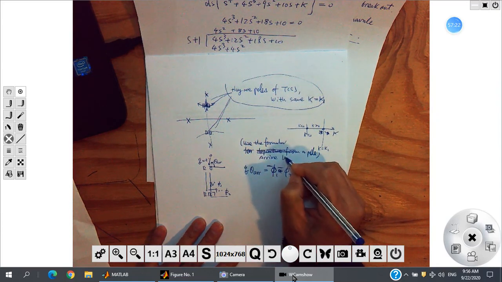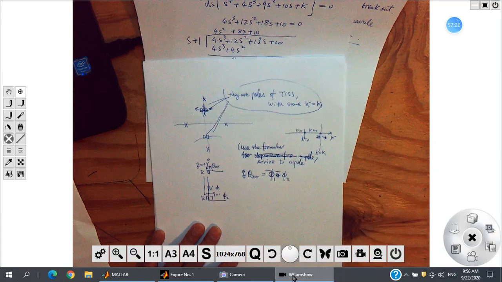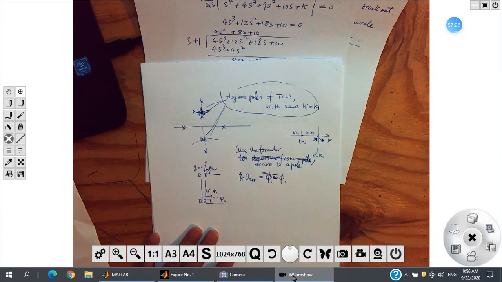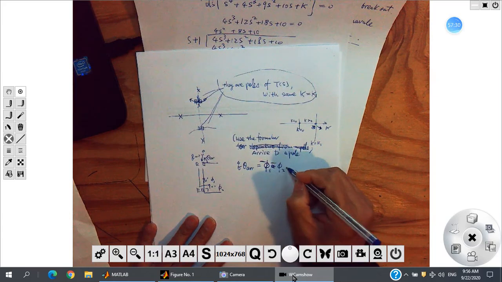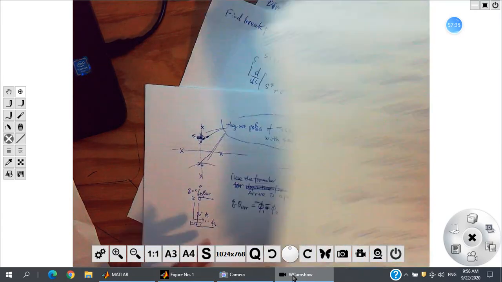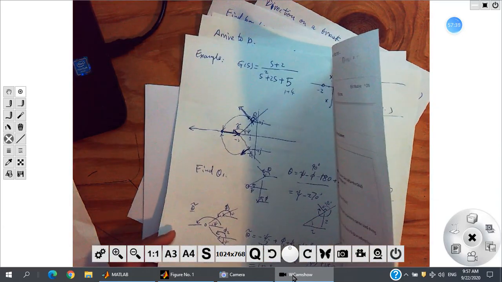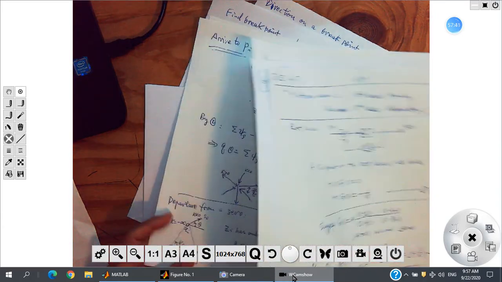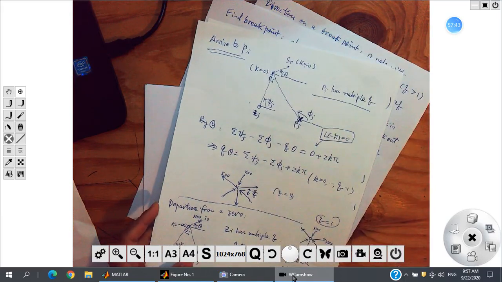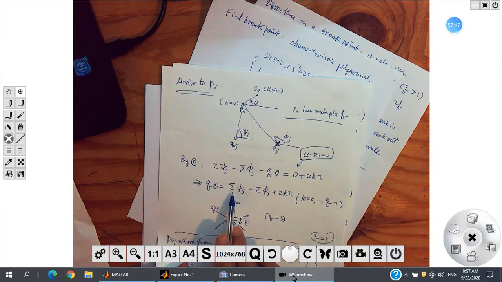Arrive to a pole. Yeah, arrive to a pole. Just minus 180, right? Minus pi. We'll just have that. This is an example. Arrive to pi. So it is some angle minus phi, then plus 2k pi.